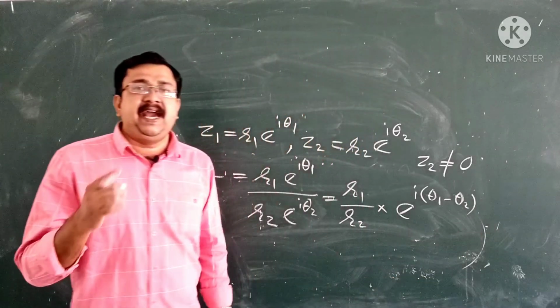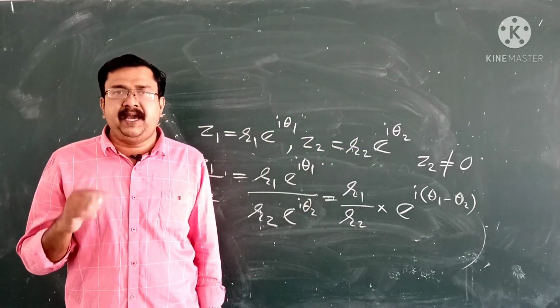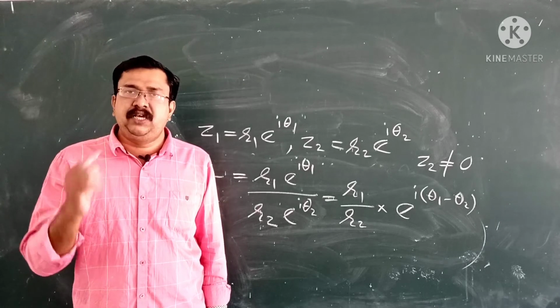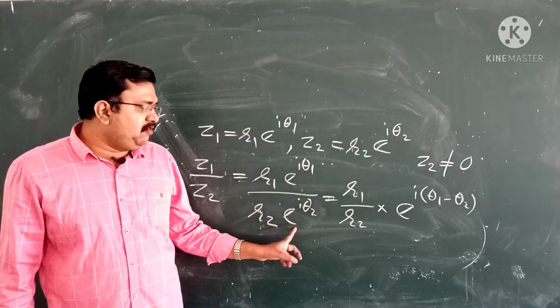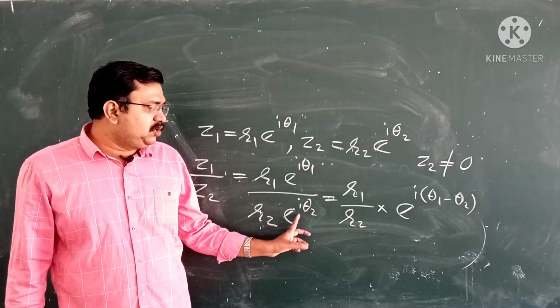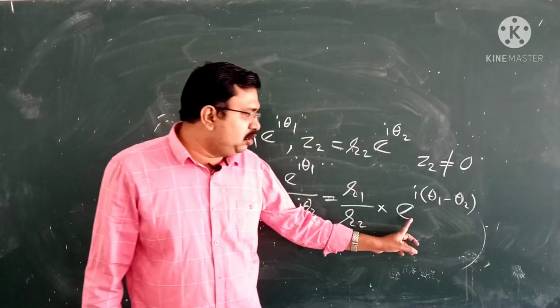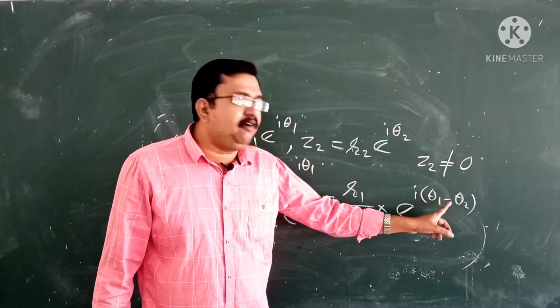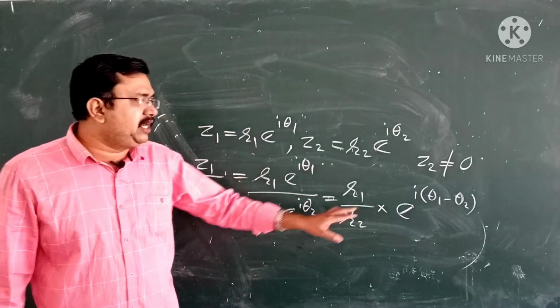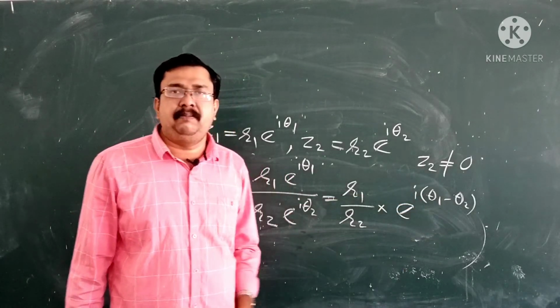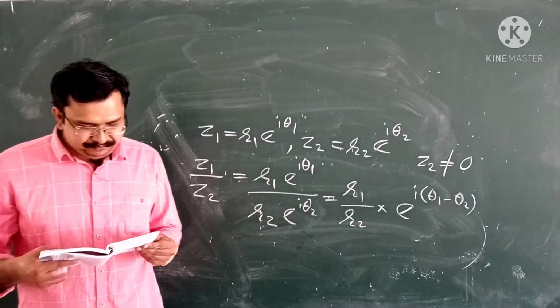We know that a raised to m divided by a raised to n is a raised to m minus n. Same way, e raised to I theta 1 divided by e raised to I theta 2 is equal to e raised to I theta 1 minus I theta 2. I is taken outside, then the remaining is I into (theta 1 minus theta 2). Okay.